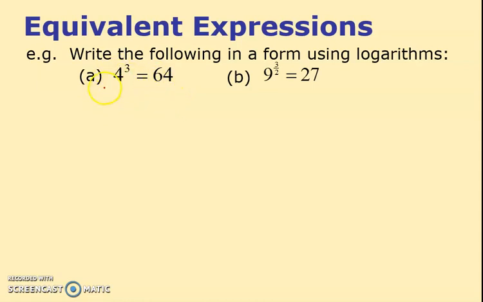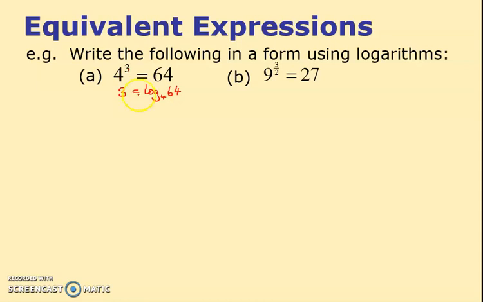It hasn't got the x's, but it's the same trick. So rewriting this, if I move this over, notice that the power stays, and it becomes a log to the base 4 of 64. And the great thing about this is you can type that into your calculator. So type in log to the base 4 of 64, and with any luck it will give you the first bit, which is 3.